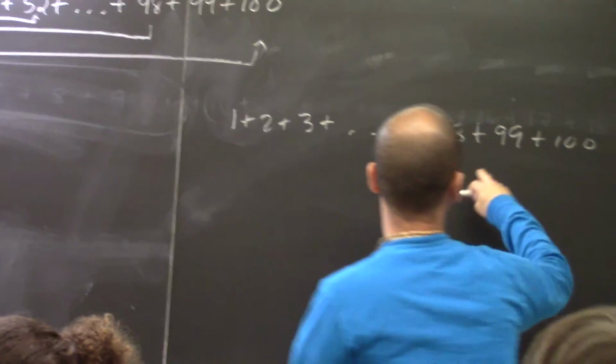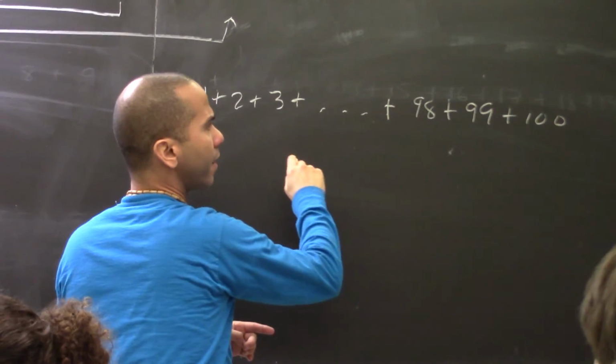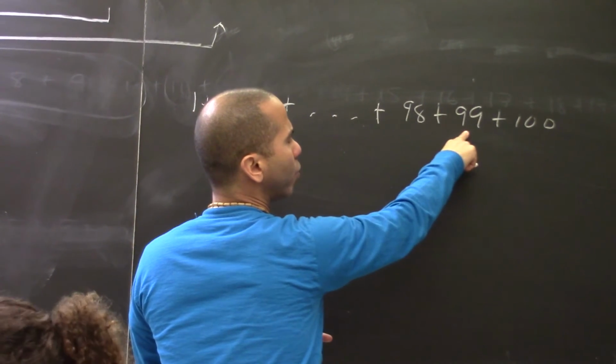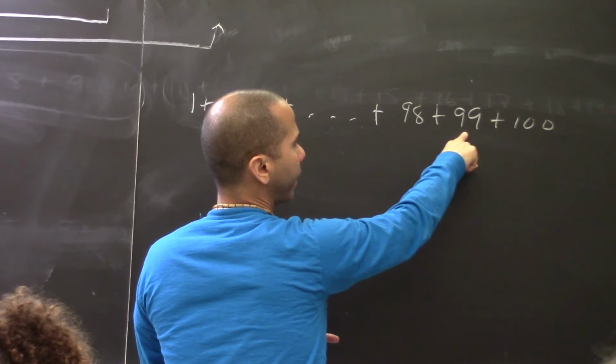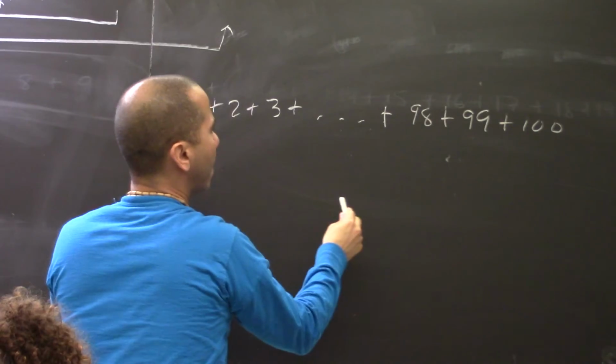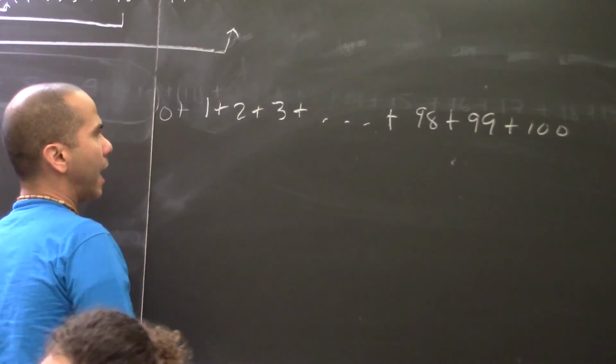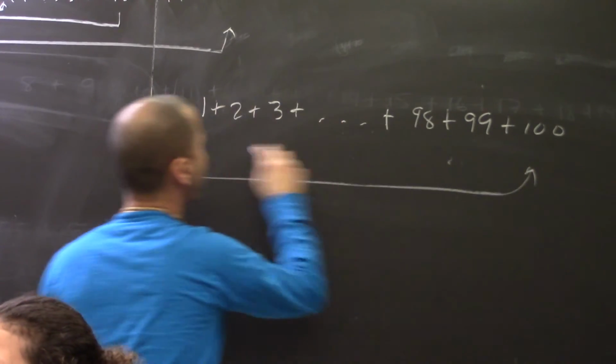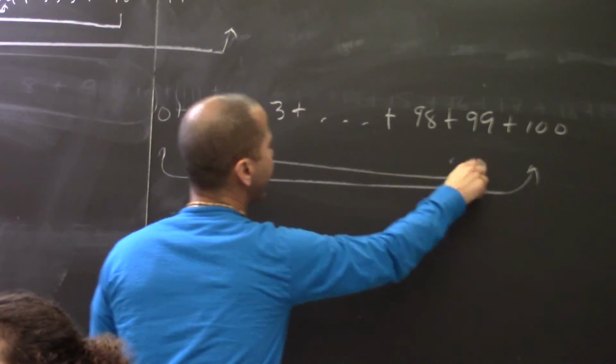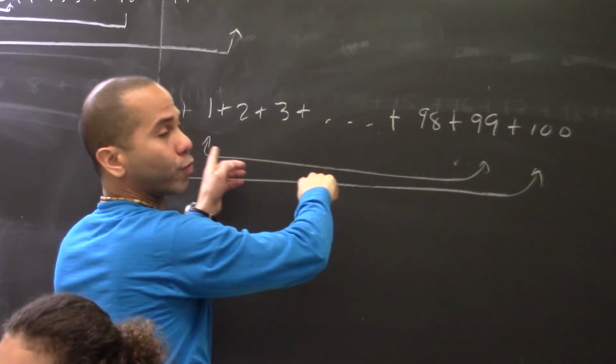Well, Geffen had said something. We could have made it up to 100, okay? And now, we could have thrown in a 0 in the front if we wanted, and say 0 plus 100 is 100, and then 99 plus 1 is 100.